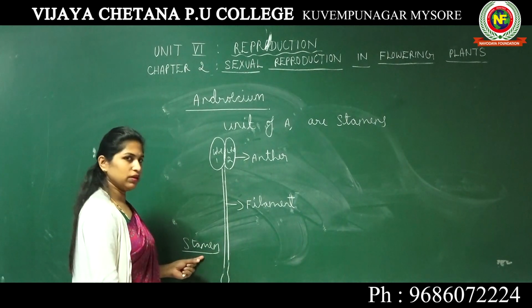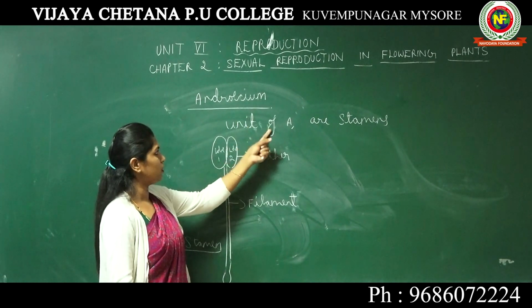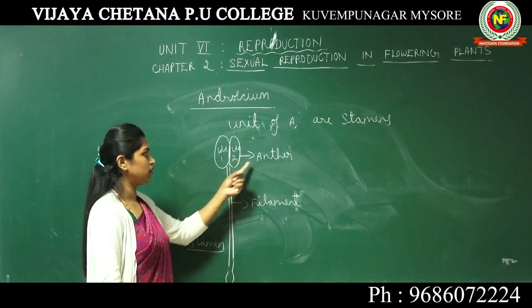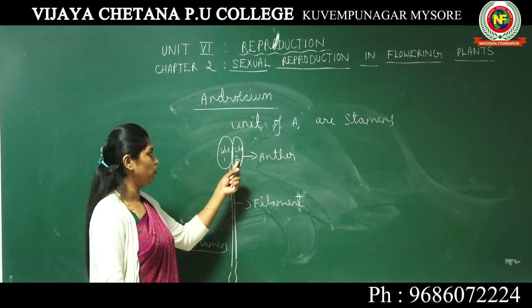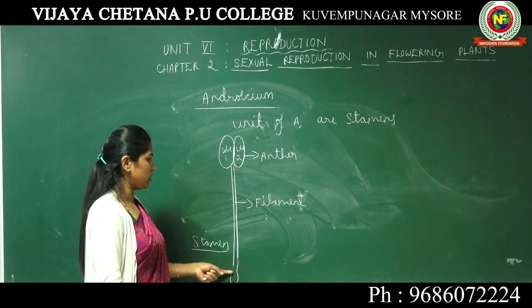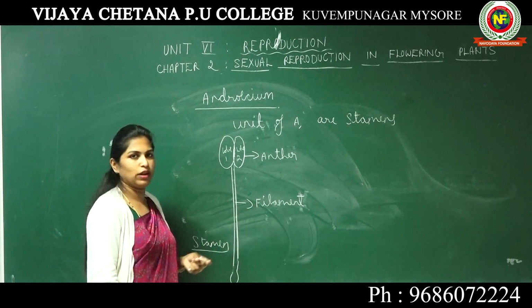So a stamen, which is the unit of androecium, has 2 parts: the uppermost part is called anther, which is generally bilobed, and a long slender stalk called filament.